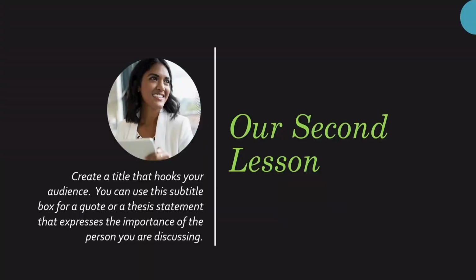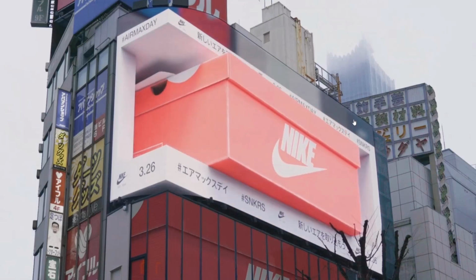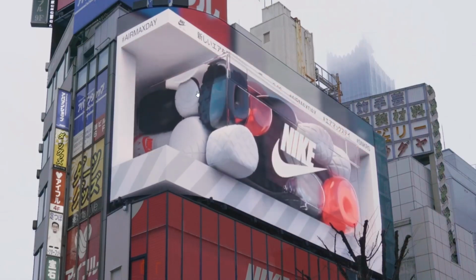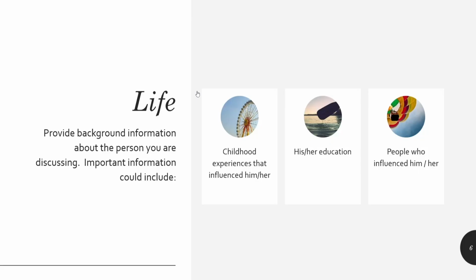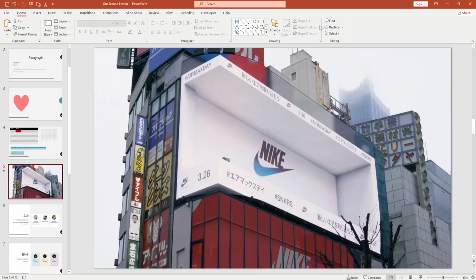So right now if I select presentation, you can see our video has started playing on the slide, and if I go to the next slide, it will automatically go. So this is how you can insert a video.